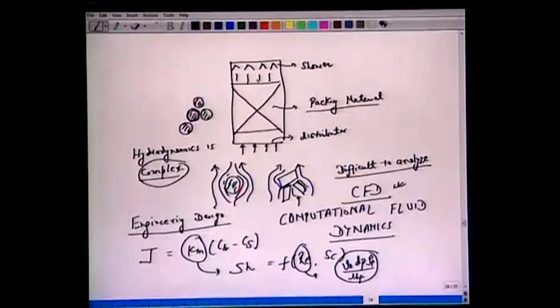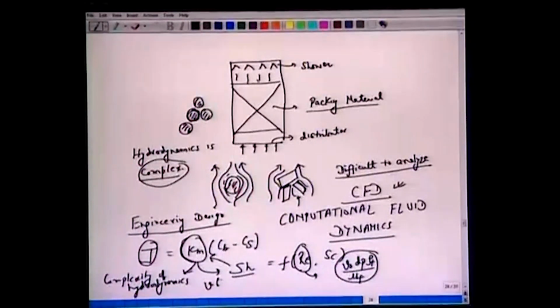So we look at the Reynolds number, we calculate the Sherwood number, and then we have this mass transfer coefficient calculated to obtain our flux here. In other words, the entire complexity of hydrodynamics is embedded in this mass transfer coefficient. We do not solve the local velocity profile, V as a function of r or V as a function of z, which we can do by using computational fluid dynamics.